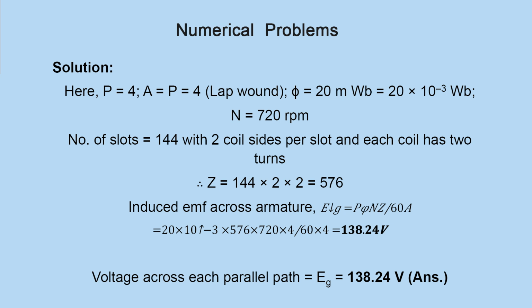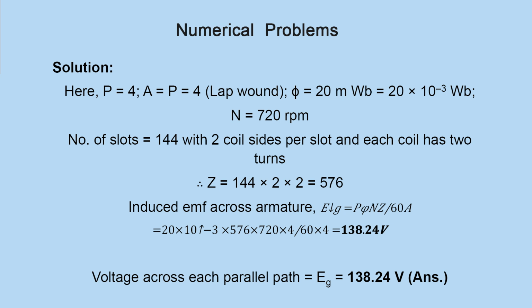Now we can easily find the value of induced EMF across the armature. Eg is equal to P phi NZ upon 60A. Put in all the given values. Finally you will obtain the induced EMF across the armature, which is 138.24 volt. It is the first case. In the second case, we need to find the induced EMF across each parallel path.